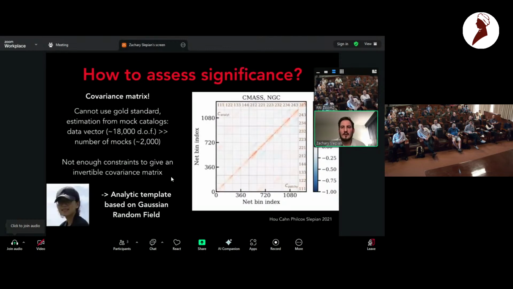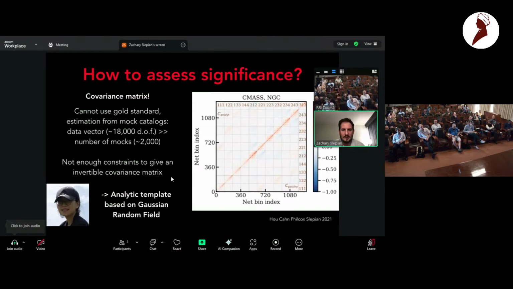Okay. So I've told you about our basis, I've told you about our algorithm. One more piece needs to be introduced before I can show you the data. How do we assess significance? Well, like any good science experiment, you need error bars. So our error bars are the covariance matrix. Covariance just tells you the correlated error bars of the measurement. And the gold standard in cosmology has been to use mock catalogs to do this, fake data sets realized on the computer.